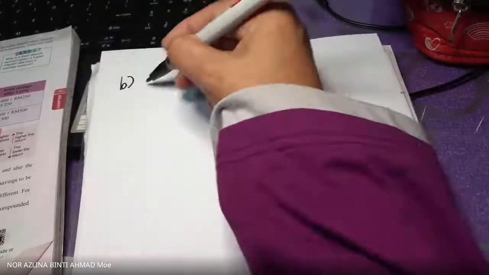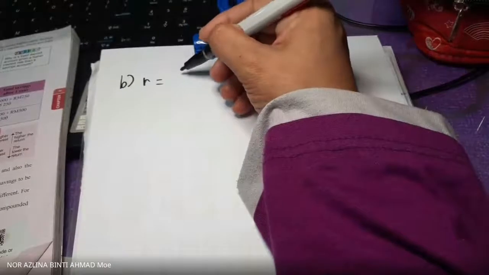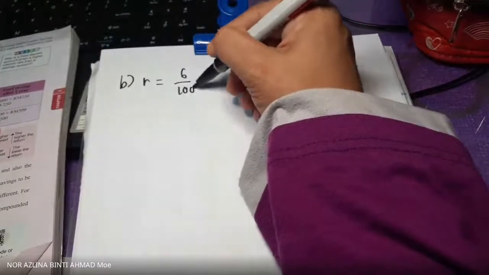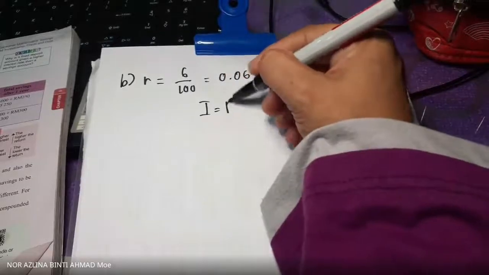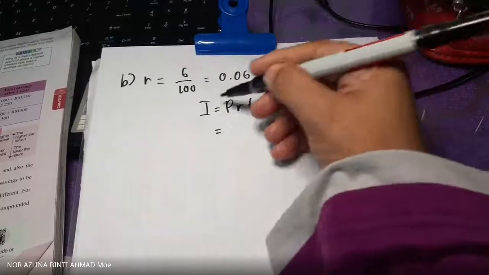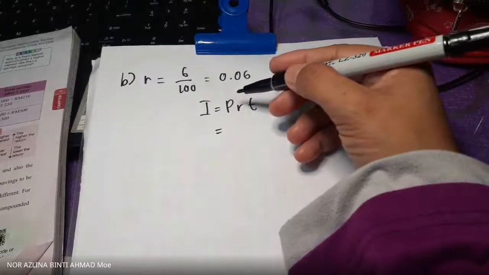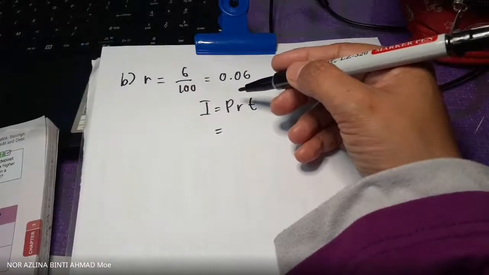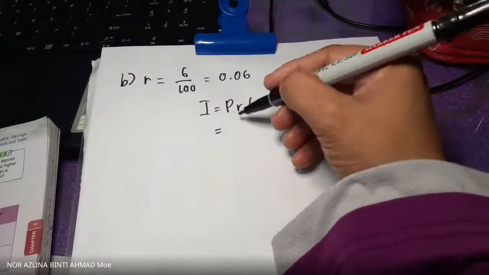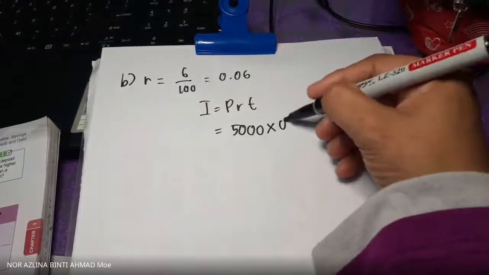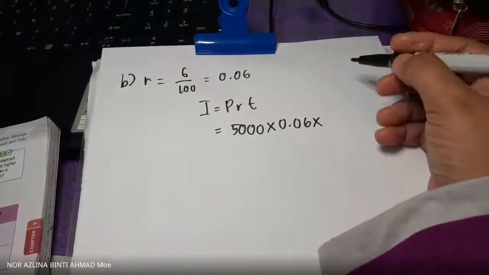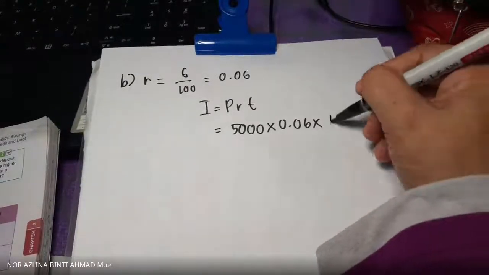For B, same formula. For B, the rate is 6/100 per annum, so 0.06. I equal to PRT. So interest equal to P, P is 5,000, rate is 0.06, time is 1 year, so multiply 1.